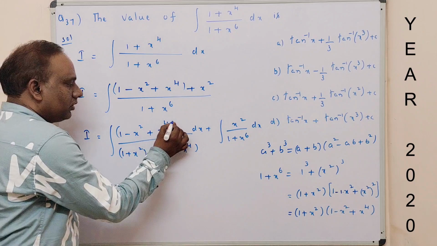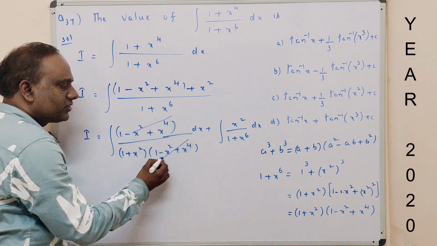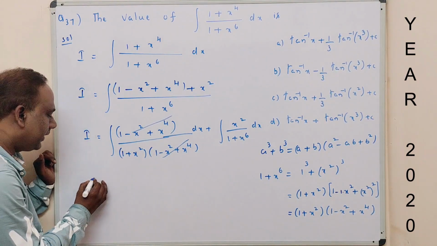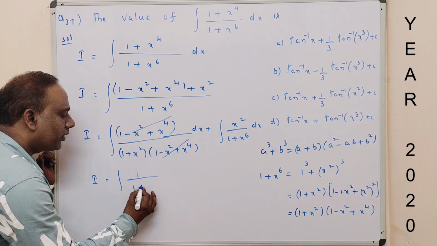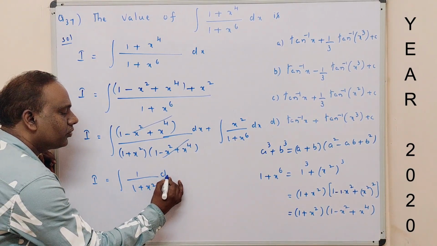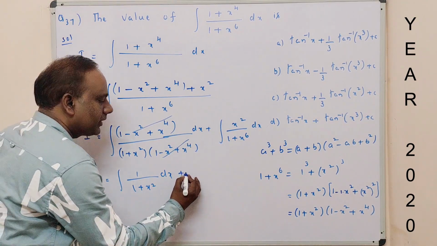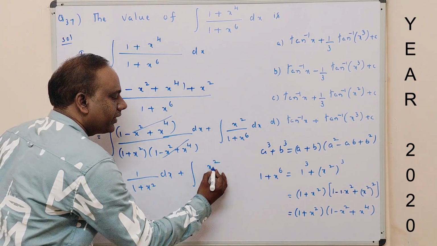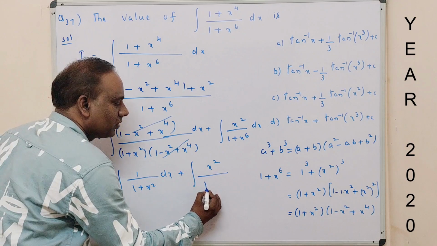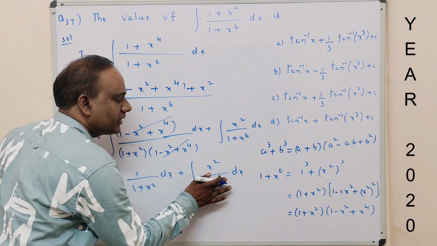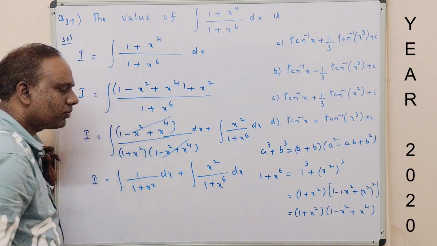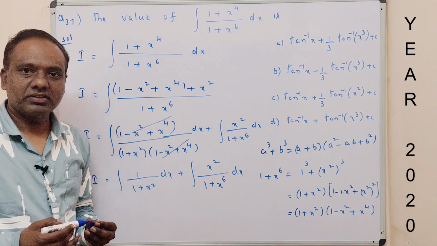Now this term and this term are cancelled. The remaining is I is equal to the integration of 1 by 1 plus x square into dx plus x square by 1 plus x power 6 into dx.